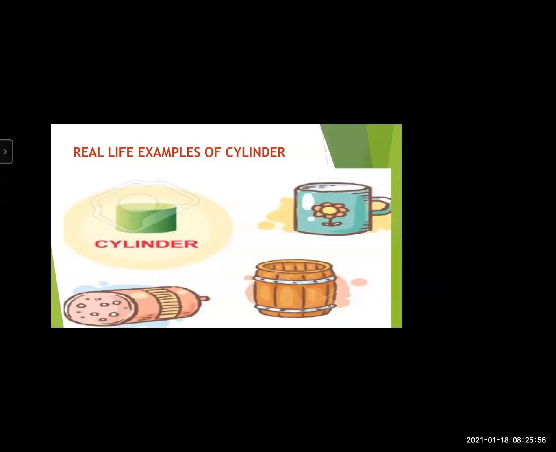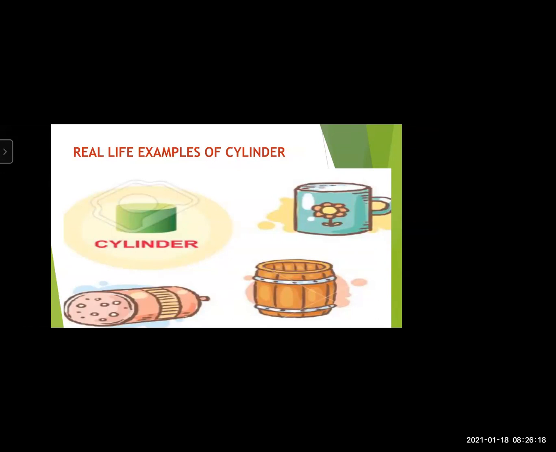You can also find more examples of cylinder that you see in your day-to-day life. For example, pipes, cold drink cans, water tanks, battery. You may also know the candle. Candle is also of cylinder shape.